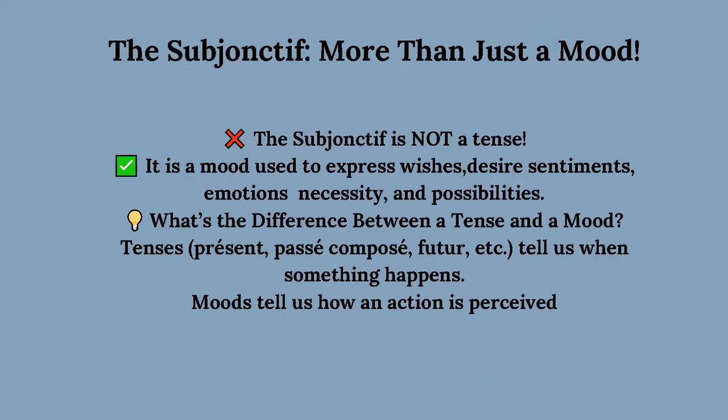Subjunctive is used to express wish, desire, sentiments, emotions, necessity, etc. Whereas the tenses which we have covered in the earlier classes, present, passé composé, future, etc., tell us when an event took place. But subjunctive expresses a mood.